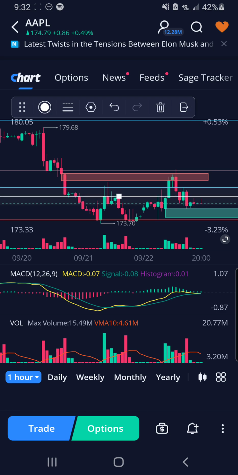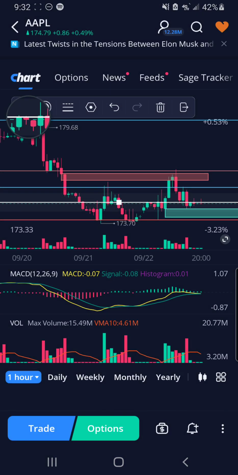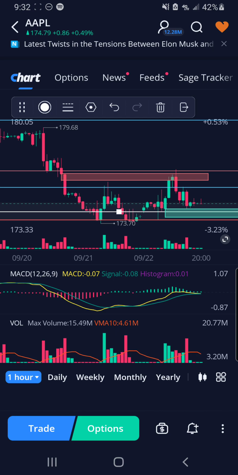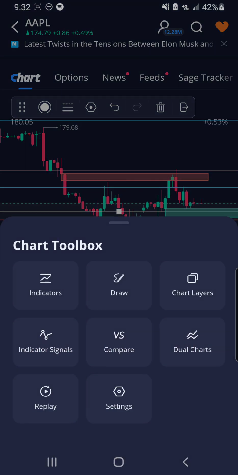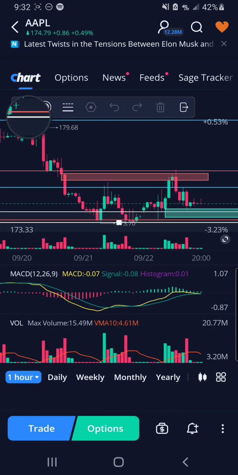imbalance, and this is a pretty big one. From I would say there till the bottom of this red candle, or here.